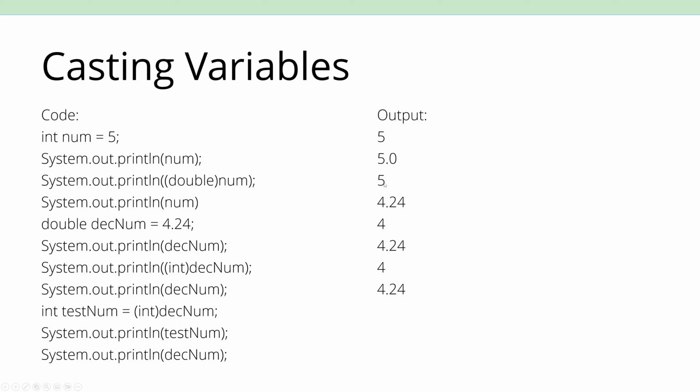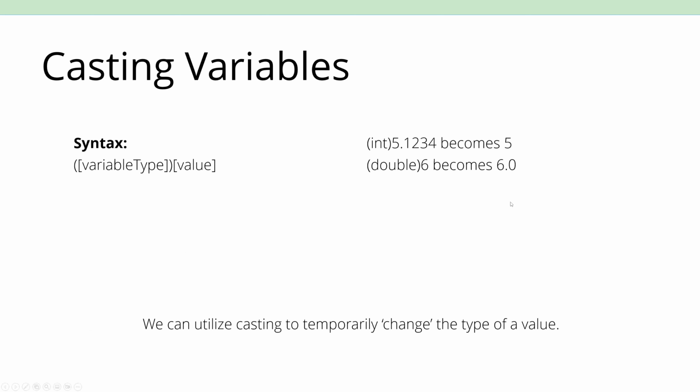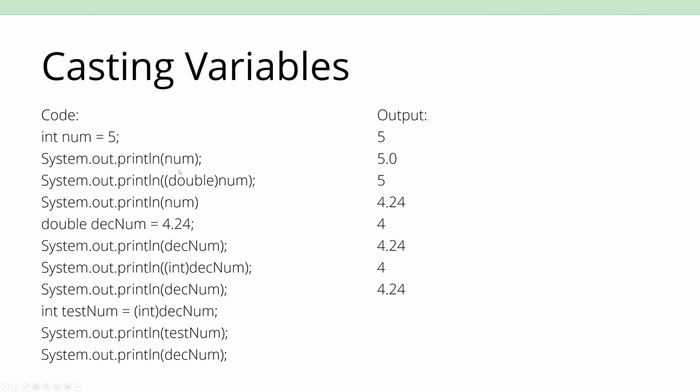Wait, what happened? I thought we changed num into a decimal type. Well, the key thing is, if you look at the previous slide, we are utilizing casting to temporarily change the type of a value. num has been declared as an int type. So num is holding an integer.